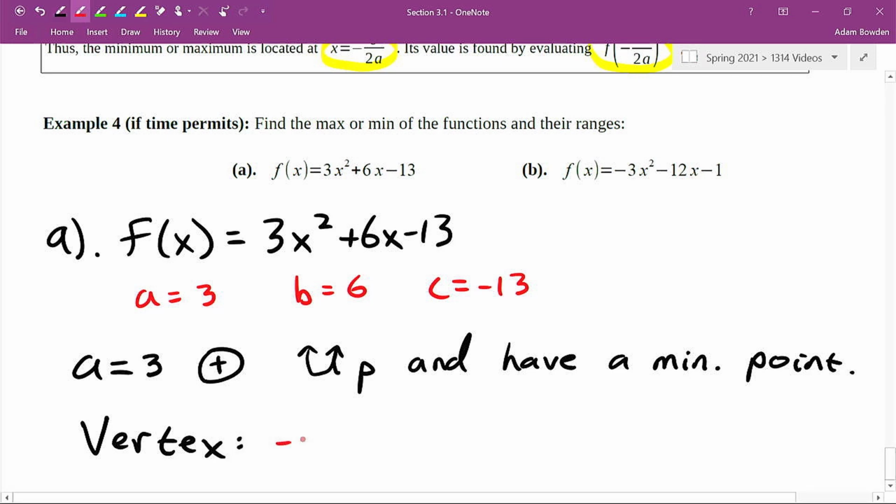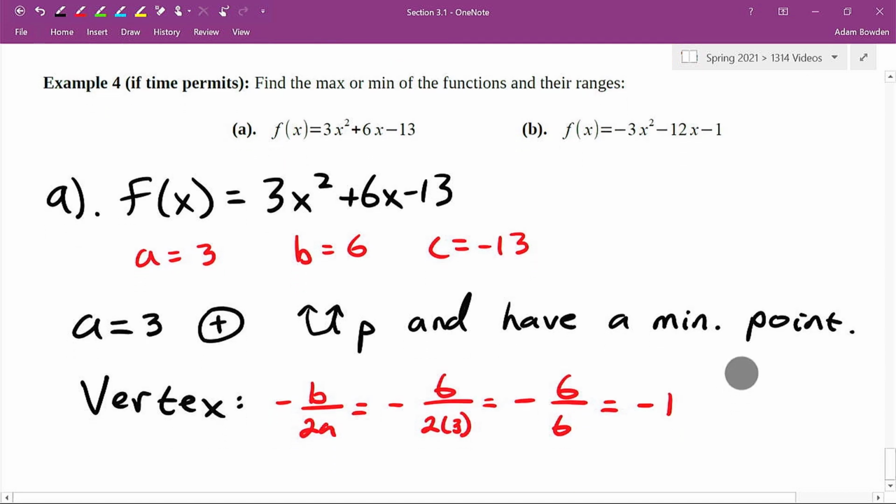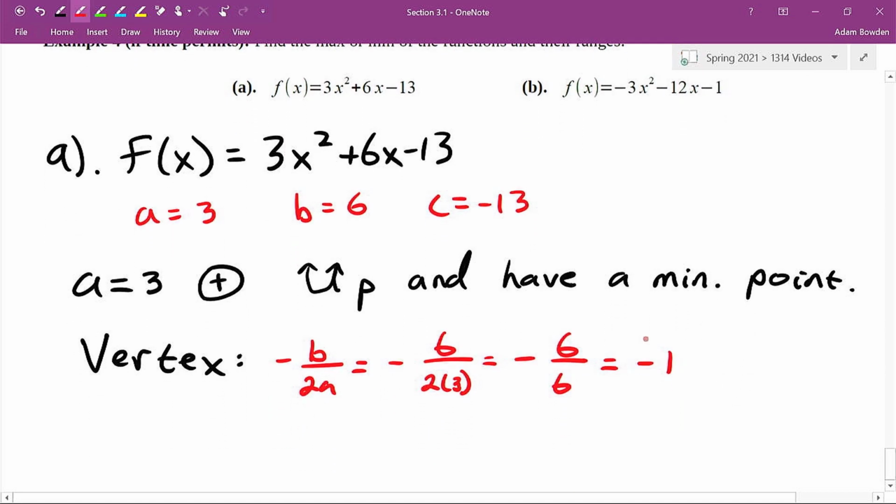So for the vertex, we look at negative b over 2a. That would look like negative 6 over 2 times 3, negative 6 over 6, or just negative 1. So that's the first part of the vertex. We put that into the function and calculate the second part of the vertex.